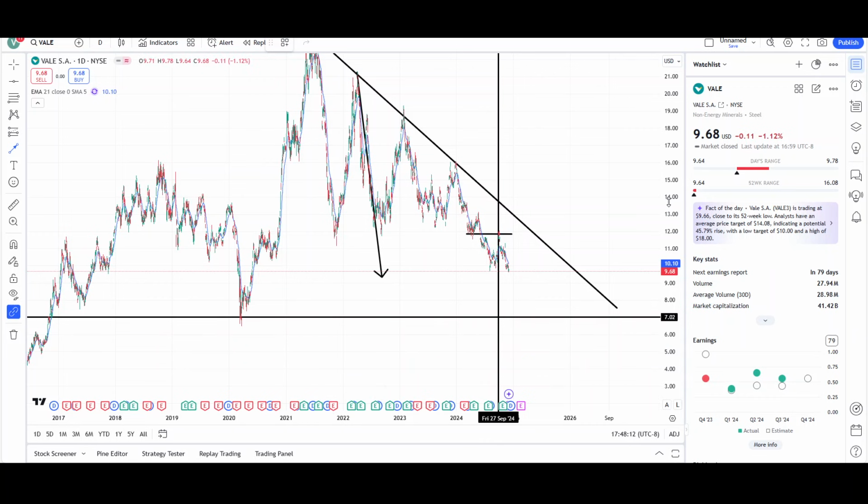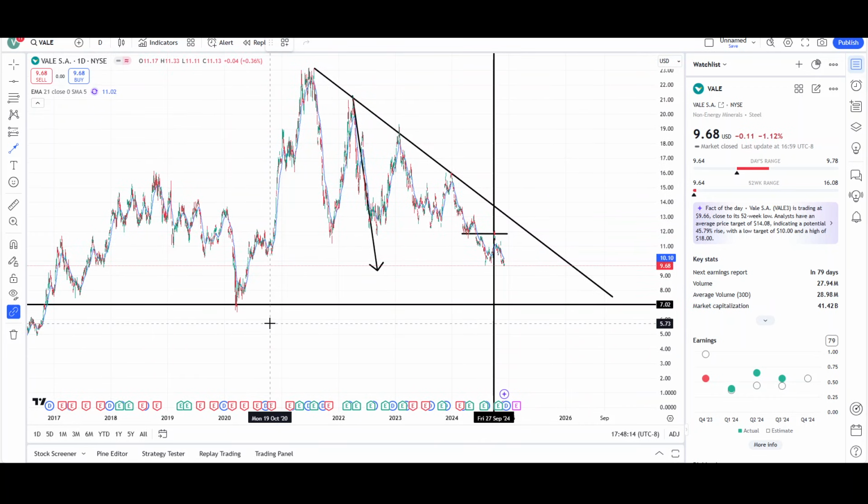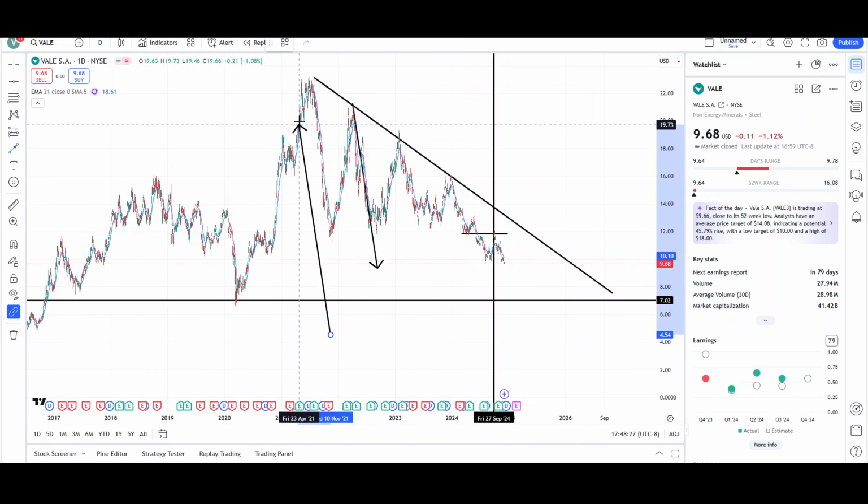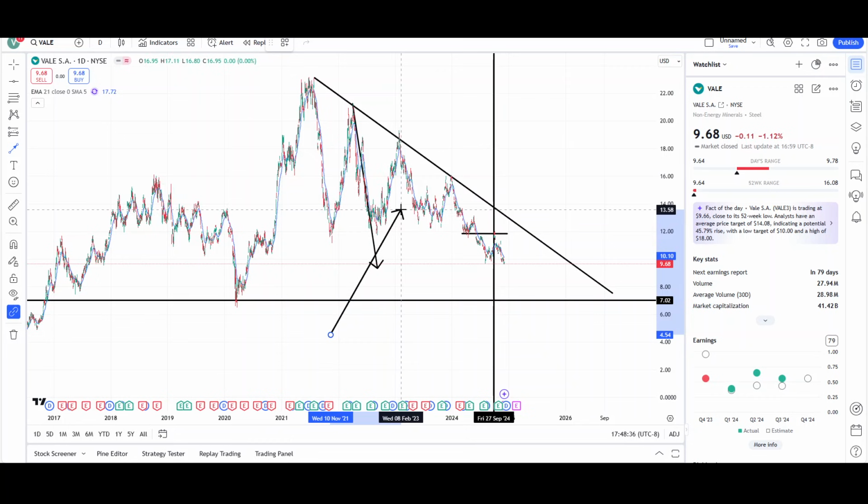Think of any stock, anything with a chart, as something in real life, like an iPhone. Let's just say that instead of Vale, this mineral company stock, imagine this was the price of an iPhone. It goes up to $22, and only a little bit of people buy it at 22 because it's too expensive. And then it crashes back down. It's stabilizing right around the $13 level.